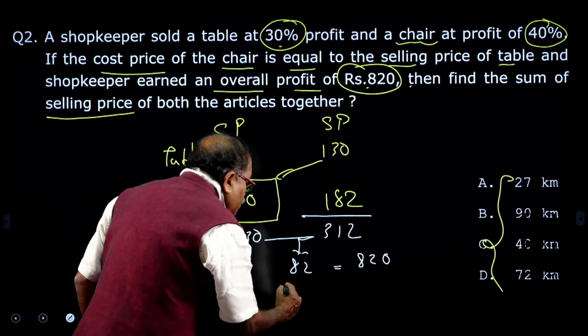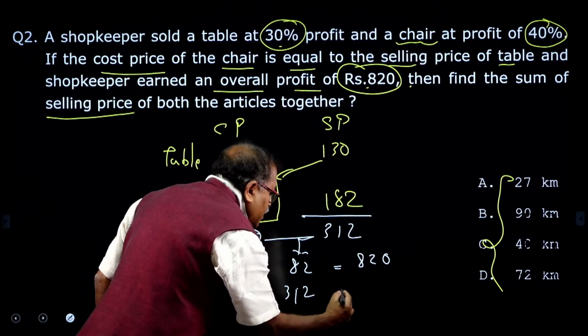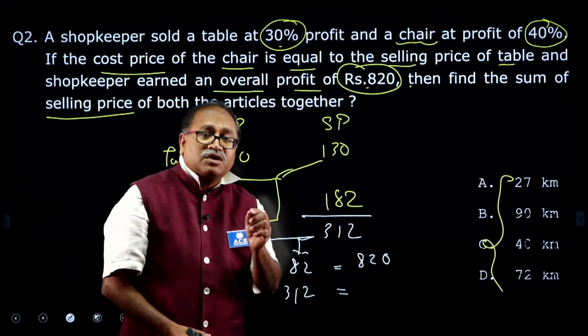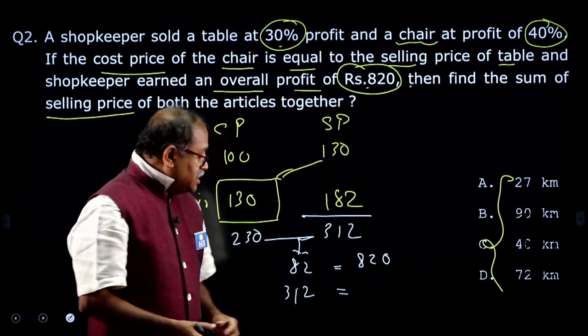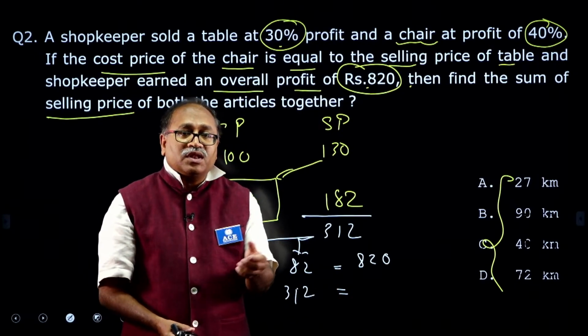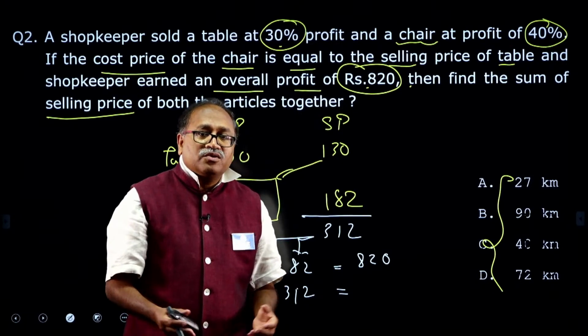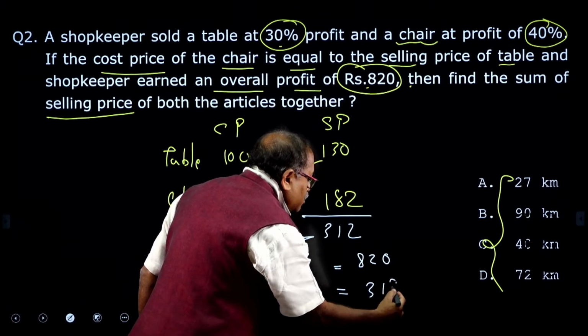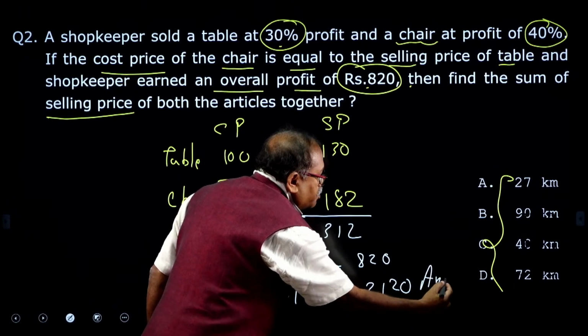So, 312 will be how much? I see that in 82 parts one more 0 is added. The same way, that is 312, one more 0 will be added, you will be getting the value of this, and then it comes 3120. That should be my answer.